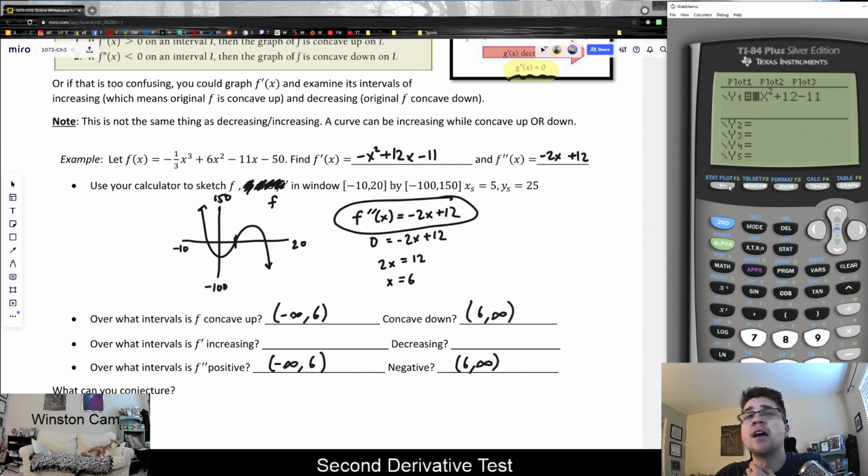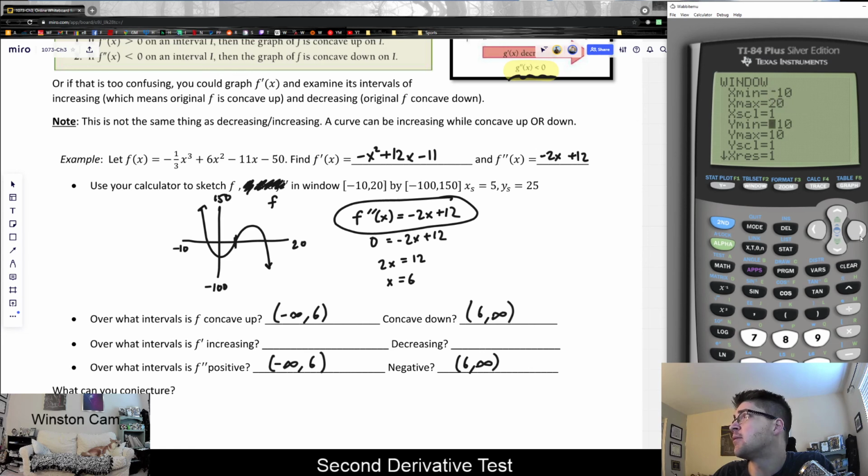Something's wrong here, because this should not be, oh, I typed it in incorrectly. It should have matched up with these other answers, which is why I was trying to make a point about the connection between all of the different types of derivatives of a function and how they relate to one another. But I messed up.